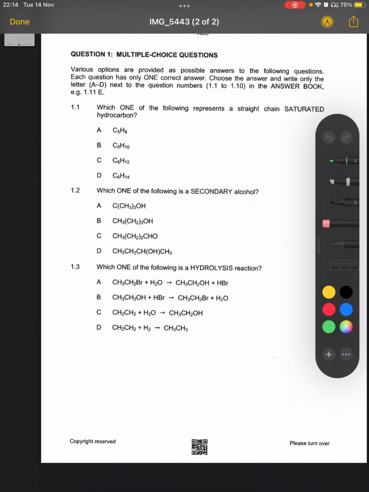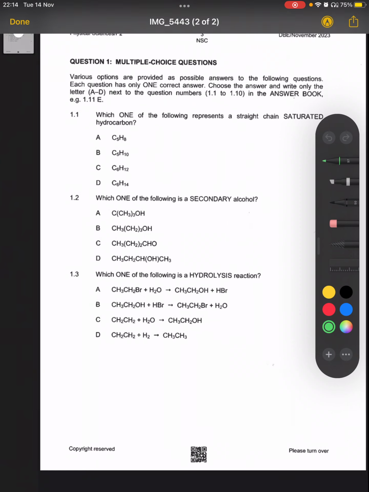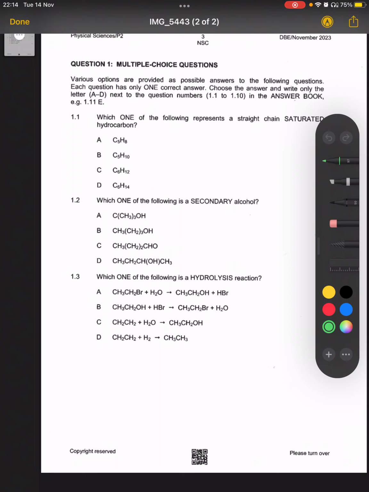But since there is no halogen present in these options, we're going to conclude that it's just an alkane. And for an alkane, you know that the general formula is CnH2n plus 2. So let's go through the first option, option A.